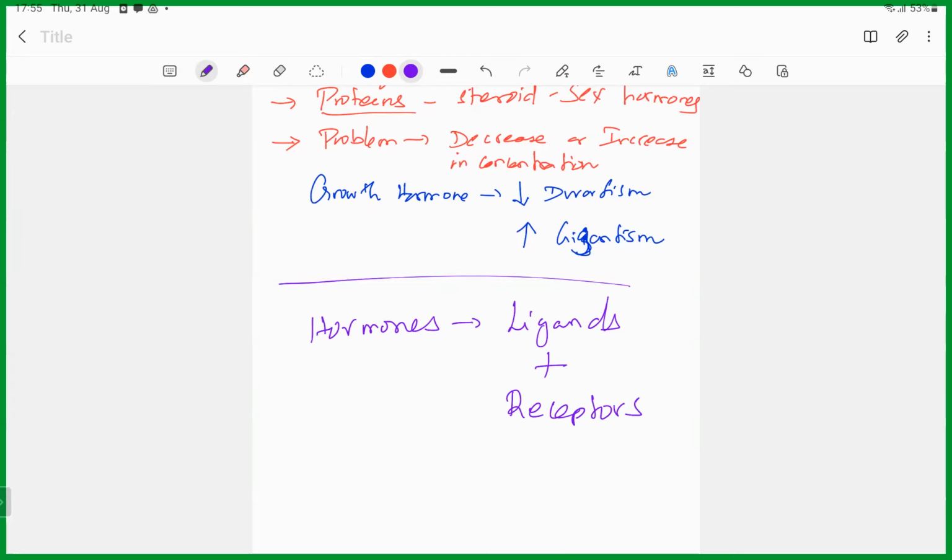They call it ligand-receptor interaction. And the receptors are of two types. Hormones are ligands connecting two different sites. Ligation means joining. Okay, fine. So receptors: there is the cell membrane receptor. What are the two types?